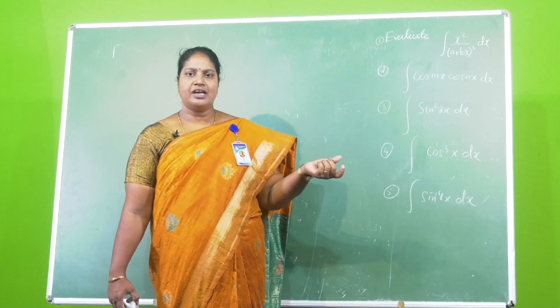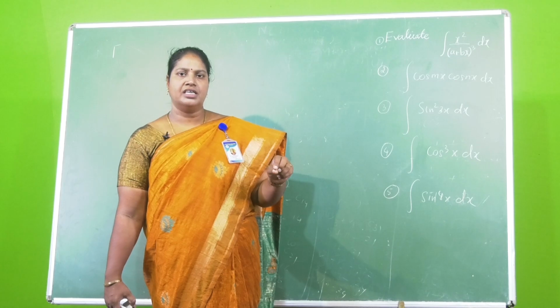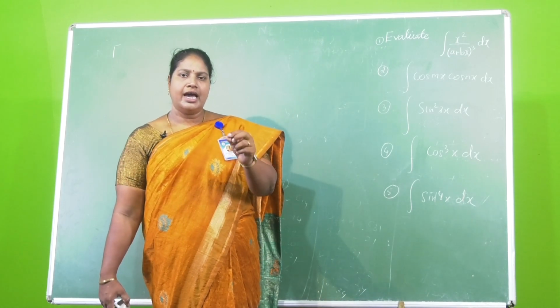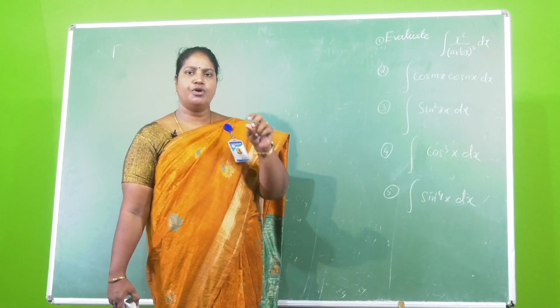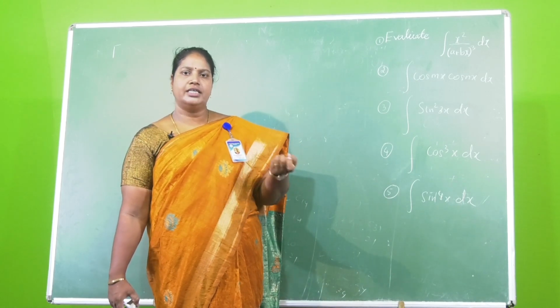So, if we integrate cos x, the answer will be sin x. If we integrate cos of ax plus b, the integral will be sin of ax plus b. And what about the coefficient before the variable x? That is a, that will come to the denominator.